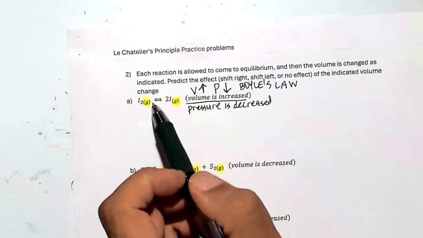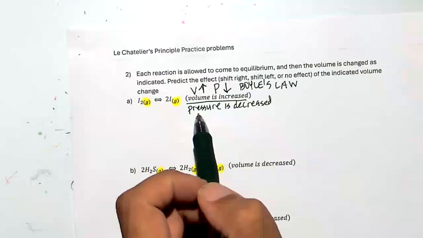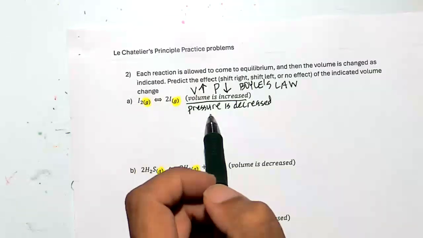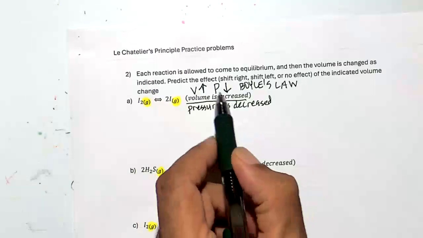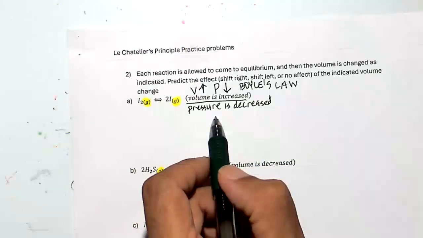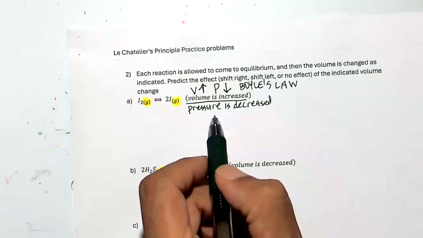So if your pressure is decreased, which way will the reaction go, to more pressure or less pressure? You've decreased the pressure, which is the same thing as increased volume. So if you decrease the pressure, which way will the reaction go? To the side with more pressure or the side with less pressure?